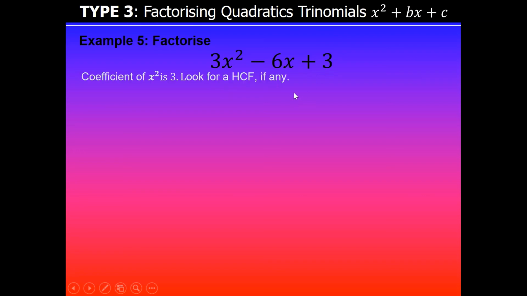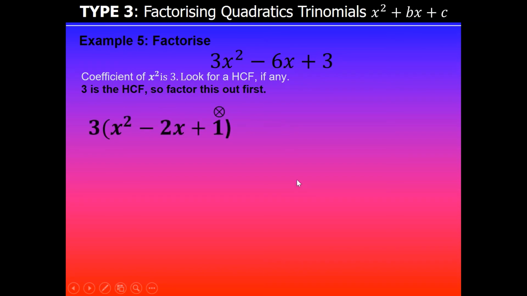So always look at the coefficient of x squared. In this case it is 3, it's not 1. So you should try and look for a highest common factor and see if there are any. And in this case, I can see that 3 is the common factor, because 3 can go into 6 as well as positive 3. So I will need to factor this out first.